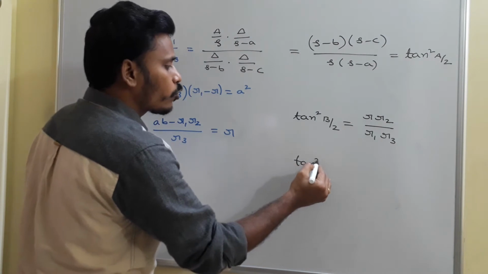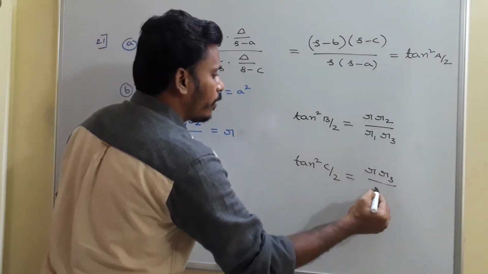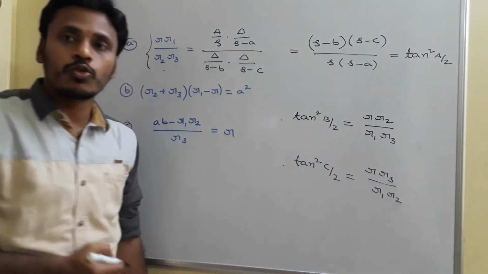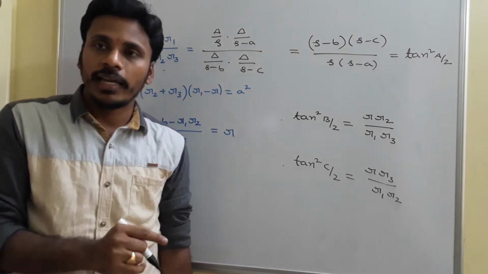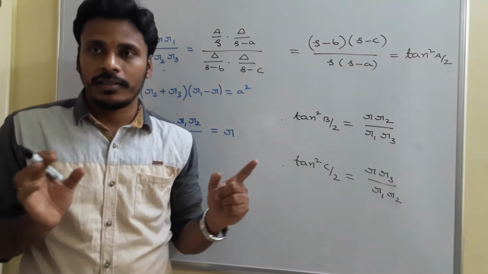And if you wish to find angle C, then it is simply R3 divided by R1 R2. So these three formulas help us to find angles of the triangle if we know R1 R2 R3.